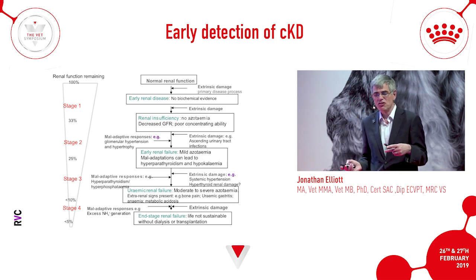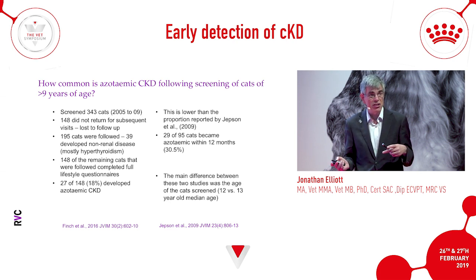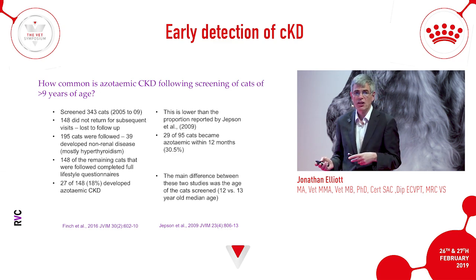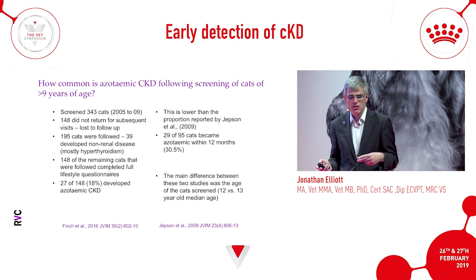So with that as an introduction, I want to move on to talk about how common is azotemic chronic kidney disease. So that would be in that stage 2, stage 3 situation, moving into stage 4. So we looked at this in a prospective study in two different time points, 2 different times of recruiting cats prospectively, screening them for their renal health, and then following them over time.